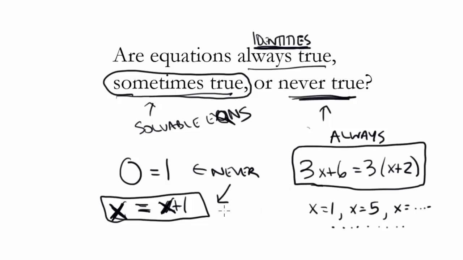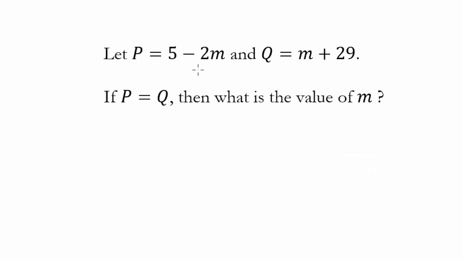Let's take a look at one more example. Let p equal 5 minus 2m, and let q equal m plus 29. This is what we're starting with. It looks like a pretty strange question, but we can follow it.